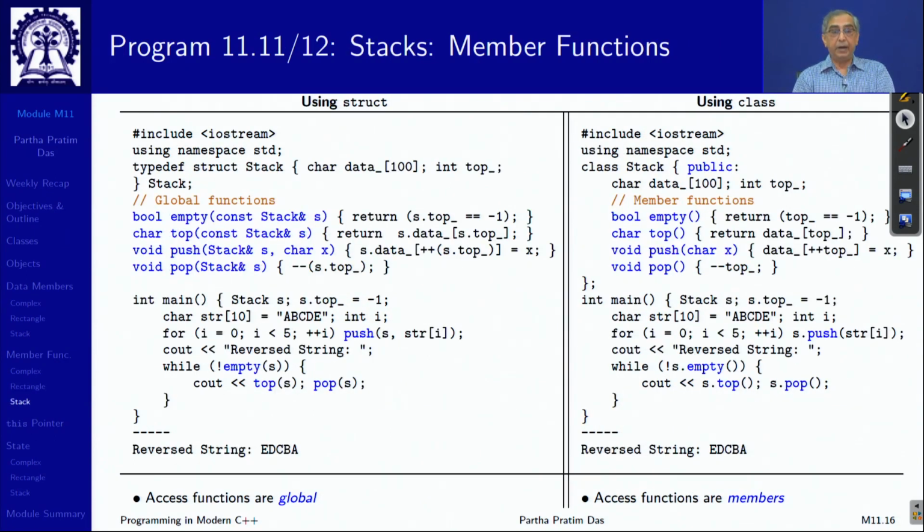In stack, in C you have 4 global functions, the 4 basic stack data structure operations. In C++ class you will have 4 member functions, all of them will have to be public, so that you can access them anytime and write the same code with the difference of using them as the object dot notation instead of having to pass them all the time, right.